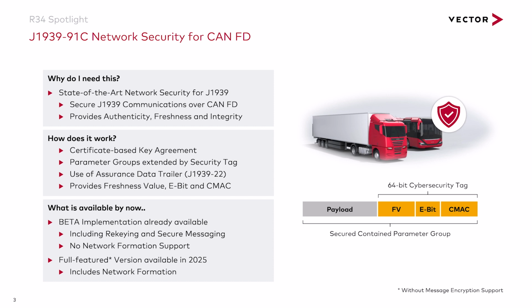This functionality is typically required end of line before vehicle assembly. With end of 2025, including network formation, our offer to you is complete. Support for message encryption is not planned as of today.